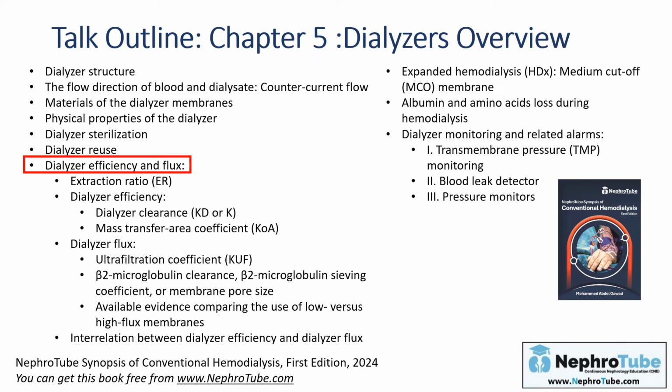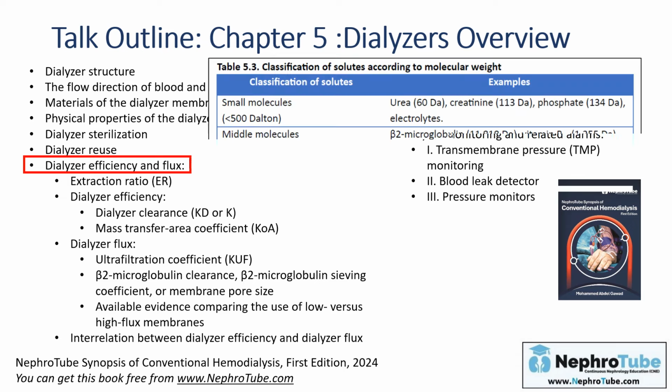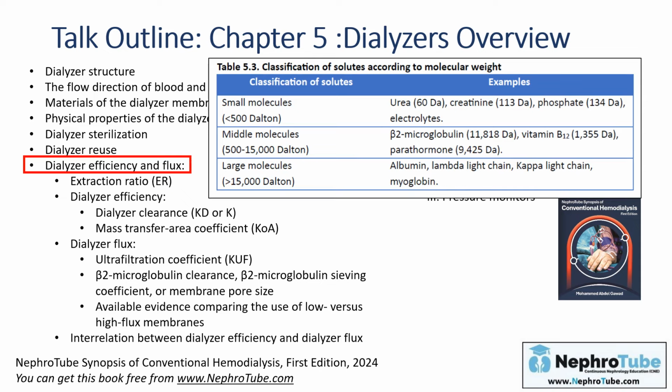The next point, and I think this is the most important point that most of you are waiting for, is dialyzer efficiency and flux. Before going through what dialyzer efficiency and dialyzer flux are, I want to show you first the classification of solutes or molecules according to molecular weight.